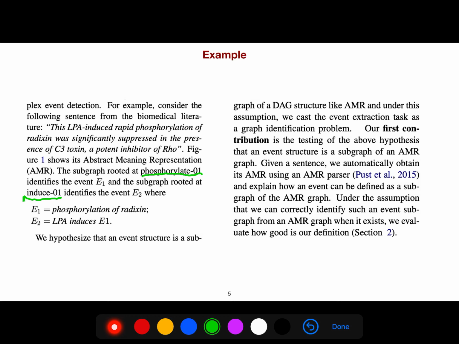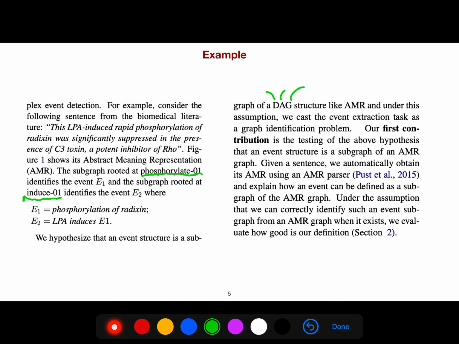We hypothesize that an event structure is a subgraph of a DAG structure like AMR, so this is a directed acyclic graph.